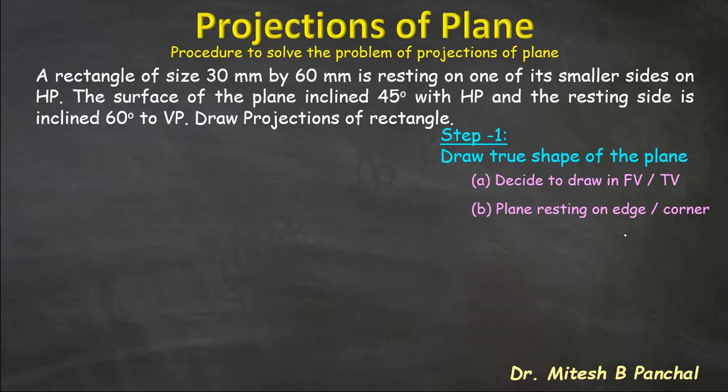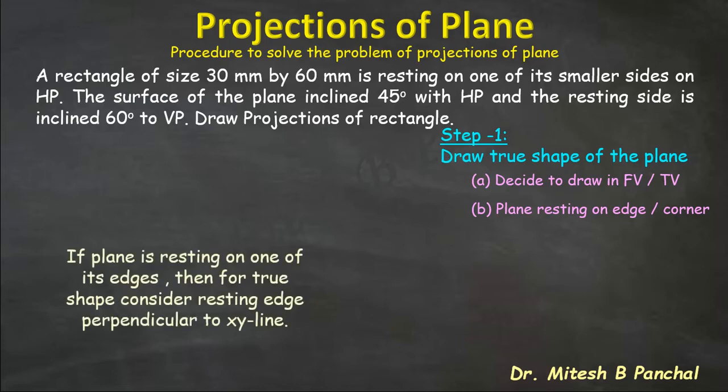So the rectangle is resting on an edge, and that will decide the orientation of the true shape. Now we will see how we can decide that part.